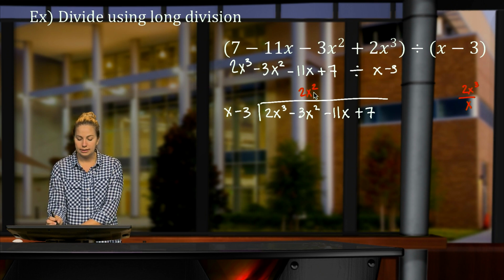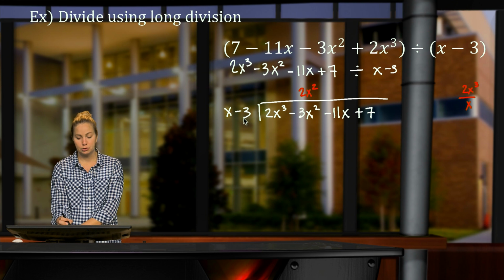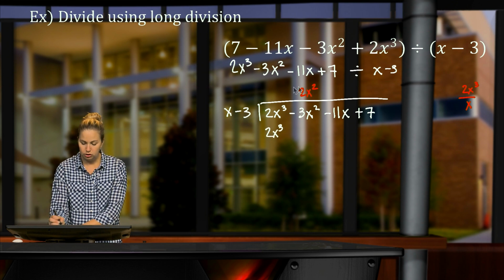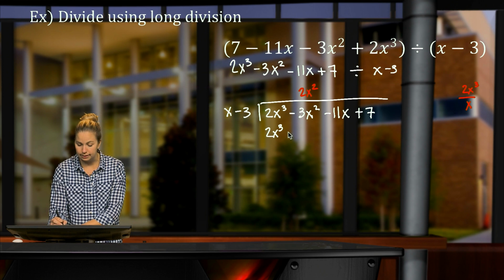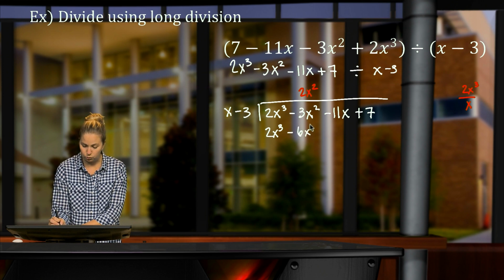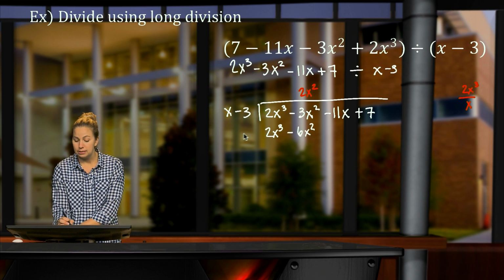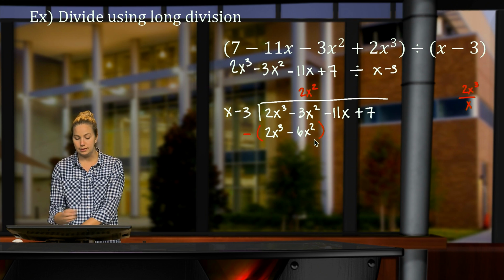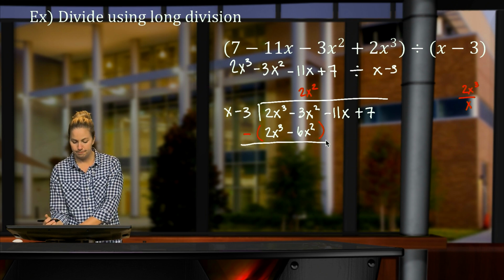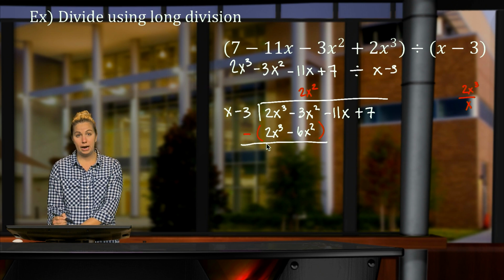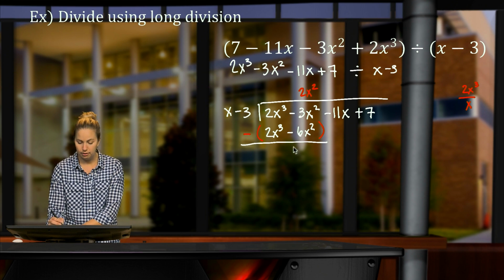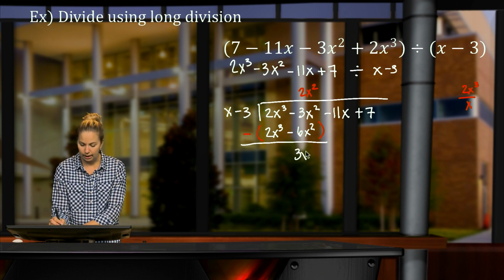So we have 2x squared times x minus 3. 2x squared times x is 2x cubed. 2x squared times negative 3 is negative 6x squared. Now I have to subtract the entire thing, so when I draw my subtraction, I'm also going to add my parentheses so I remember to distribute. 2x cubed minus 2x cubed is 0. Negative 3x squared plus 6x squared is positive 3x squared.